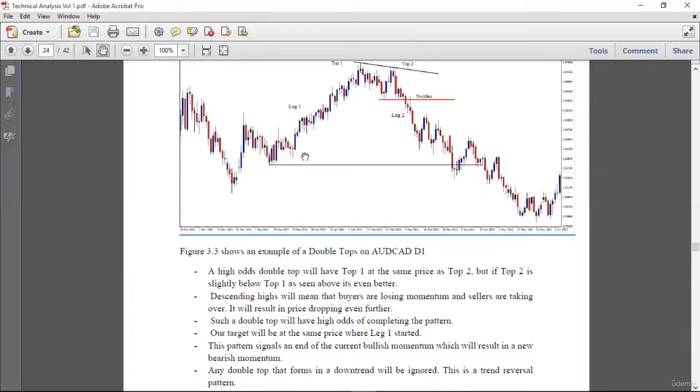But sometimes you do get patterns that will not complete, that might turn somewhere around there and then start to go up. So that's why we are looking for patterns that form in an uptrend, creating lower highs, and just wait for a solid break of the neckline.